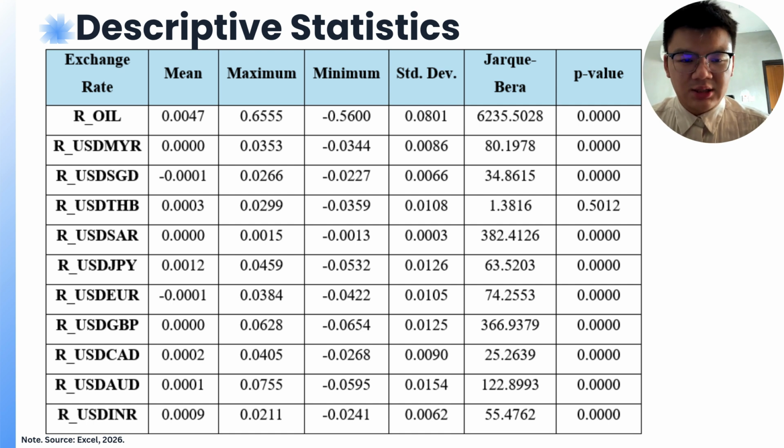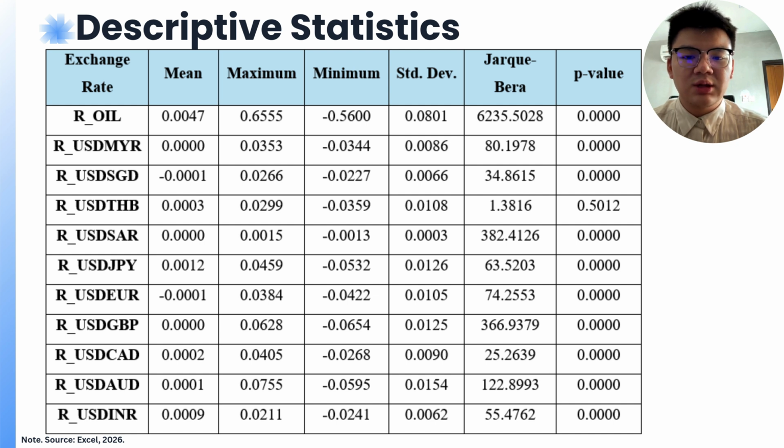Next, let us take a look at the dispersion, which is measured with the standard deviation. We can clearly see that crude oil has the highest standard deviation, which also indicates that it has the highest volatility.